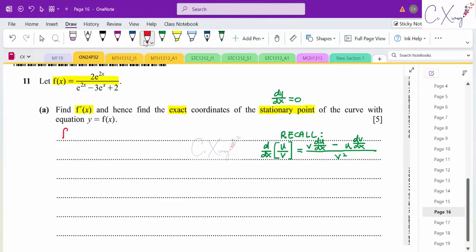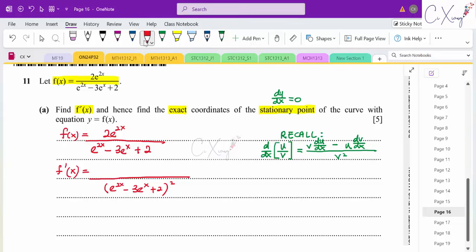Alright, so let us start. I'm having this particular function, which is 2e^2x divided by e^2x minus 3e^x plus 2. Let's find out the differentiation here. First of all, you have to square the denominator.